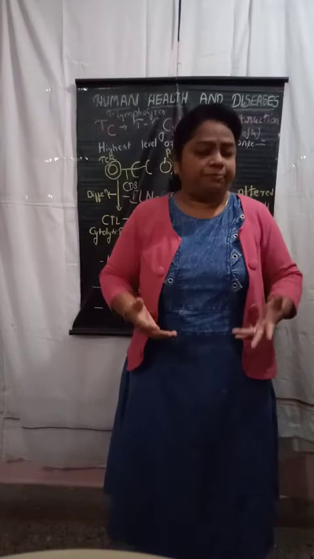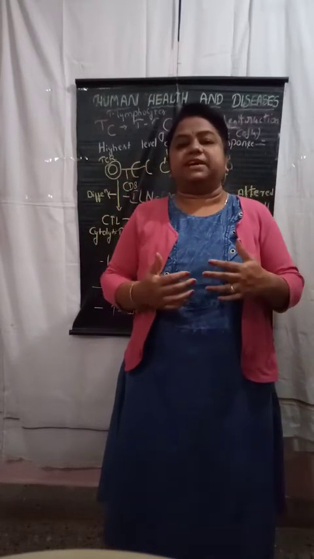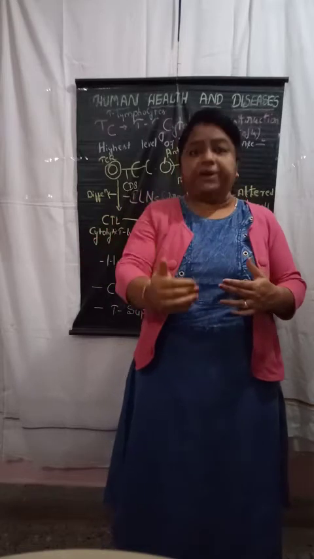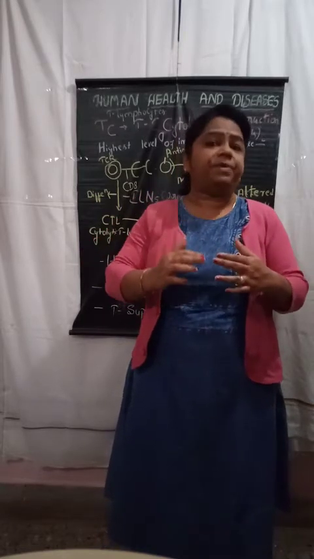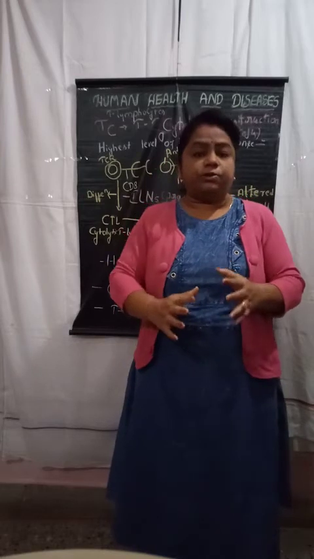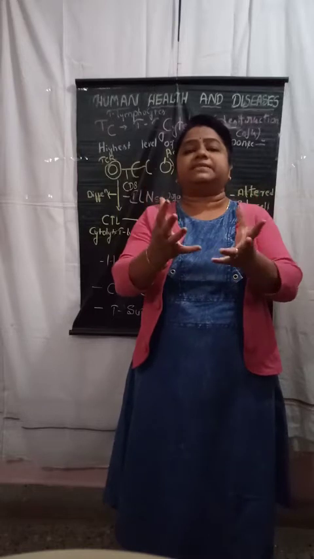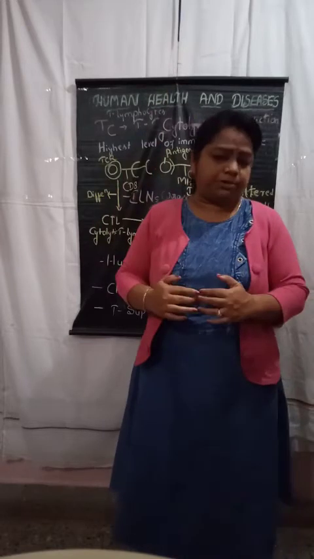Infected means it may be a viral infection, or cancer infected cells are there. So these infected cells are going to be destroyed, so that all the neighboring cells in the tissue will be free from infection. This is what we call the highest level of immune response.